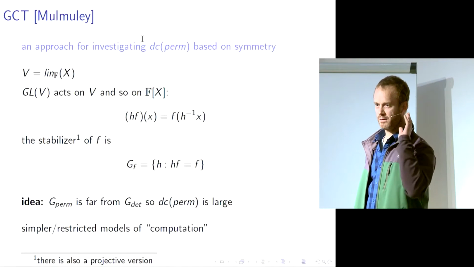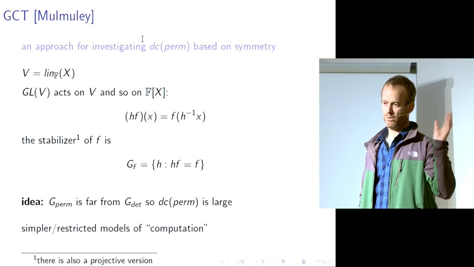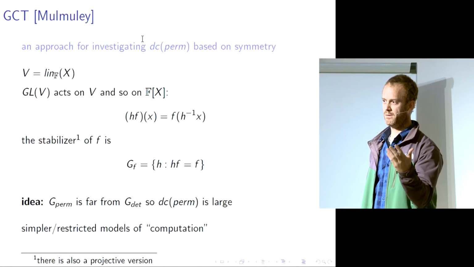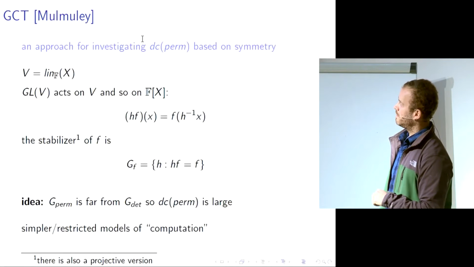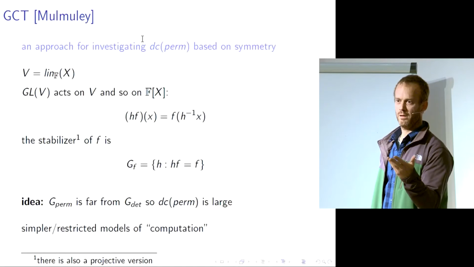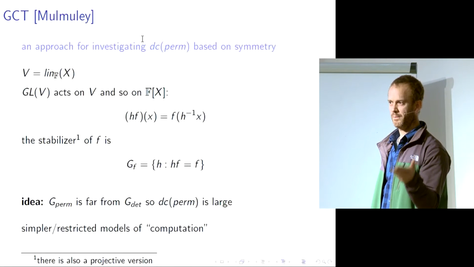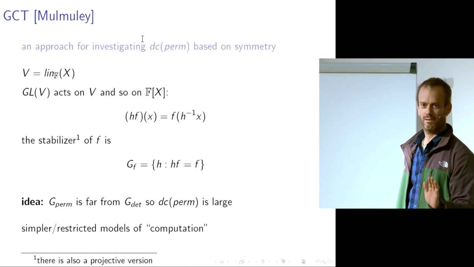The stabilizer is the symmetries of the polynomial. This is a way to think about it. The polynomial has some symmetries; this is the stabilizer. And understanding this stabilizer is related to understanding the determinantal complexity of the polynomial. Okay?